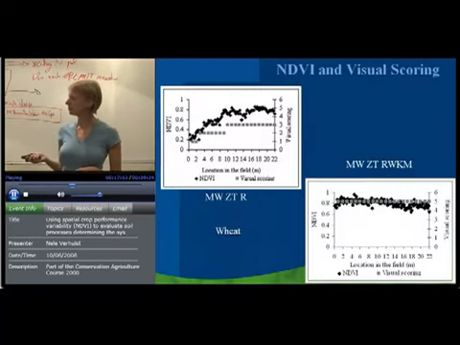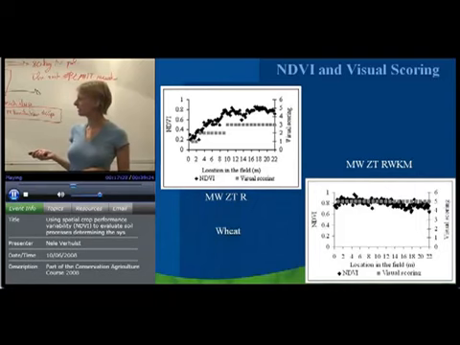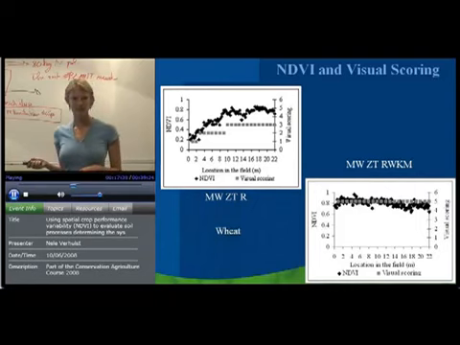Now, a bit more, this is what you see. Maize, wheat, zero tillage remove. Maize, wheat, zero tillage. This is partial treatment, partial residue retention. That was what we saw in the field. This is an NDVI measurement in black, and this is visual scoring. So what you see is that with the NDVI sensor, you have more detailed measurements.